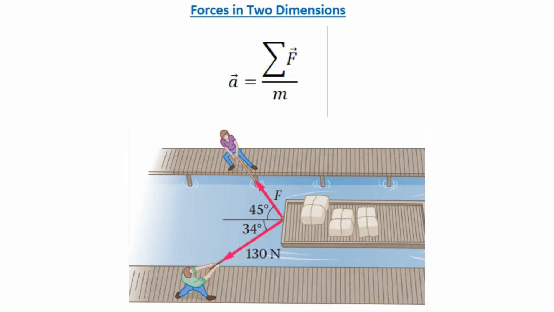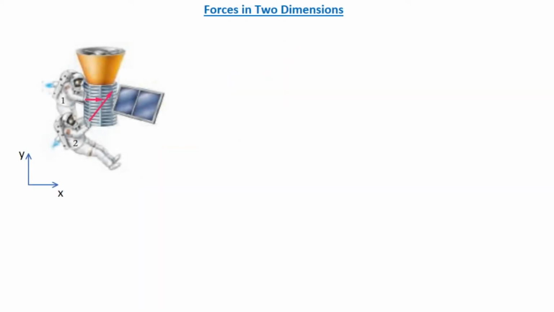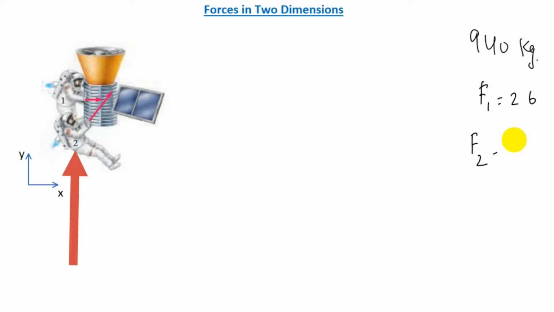Let's take an example to understand this. Here we have two astronauts pushing a 940 kg satellite. Astronaut 1 pushes with a force of 26 Newton along the positive x, and astronaut 2 pushes with a force of 41 Newton at an angle of 52 degrees above the x-axis.